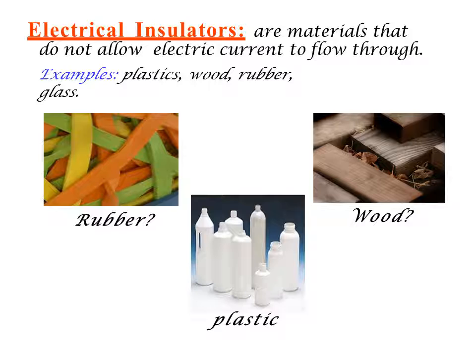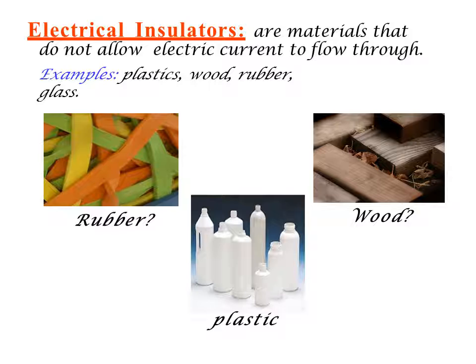So the materials that do not allow electric current to flow through them are called electrical insulators. For example, plastics, wood, rubber, glass, etc. Mostly the wires that we can see are insulated with plastic to prevent the flow of electric current.